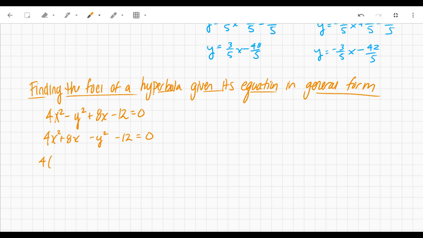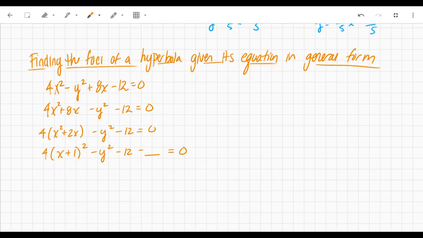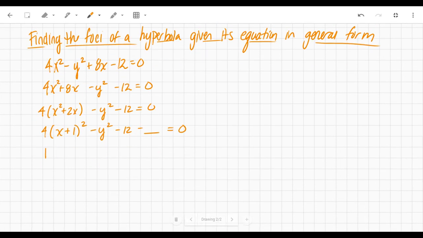We'd factor out that 4, and we'd complete that square. Okay, and that means that we have to subtract something off. So we'll figure it out. We'd have 4 times x squared plus 2x plus 1, so 4x squared plus 8x plus 4. So it's a 4 that we need to get rid of there.